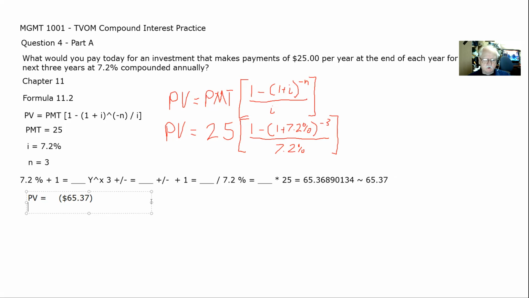When we calculate it on Excel, Excel is worried about the cash flow concept. And so if we're getting a positive $25 out of it, we had to put the 65.37 into it. So it's reasonable that this should end up looking like a negative number. In order to make it look like a positive number, we'd have had to put the 25 in as negative, which wouldn't make any sense whatsoever.